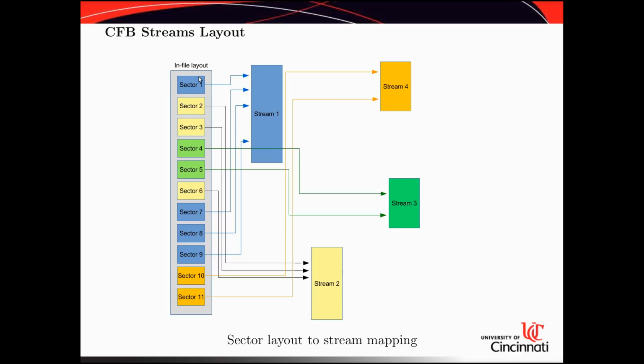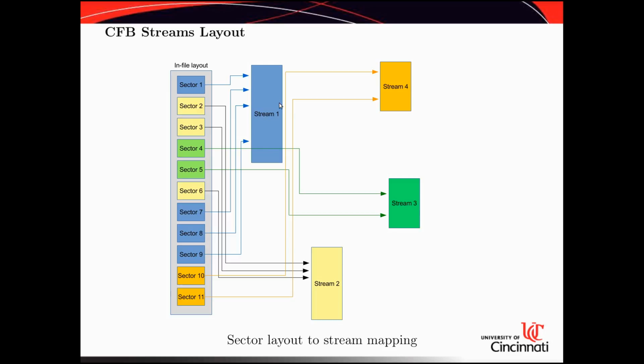You'll see that 512 bytes from the top of stream 1 is right here, but then you have to skip all the way down here to get the rest of it. That's basically what I mean by a non-contiguous or sector-based file format. It allows you to interleave this data throughout the document.